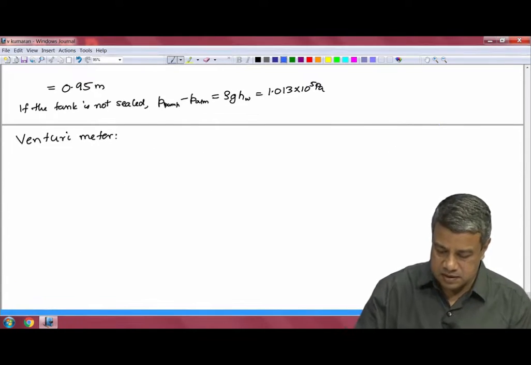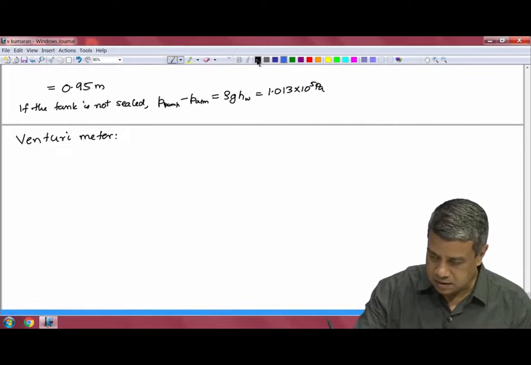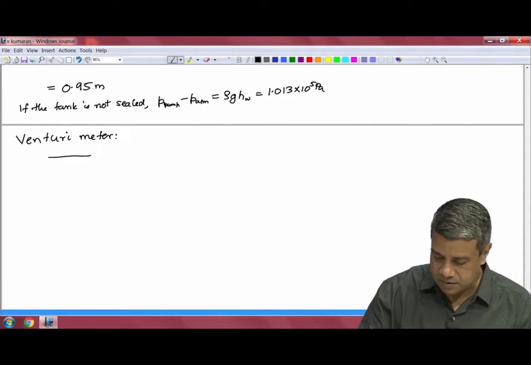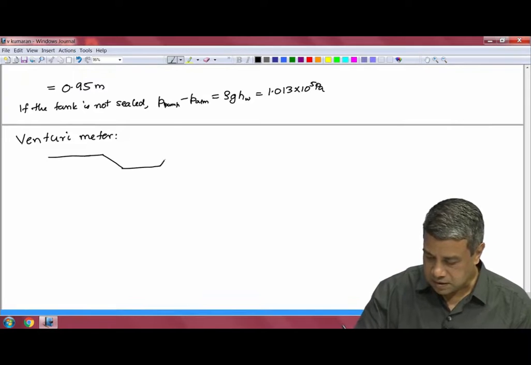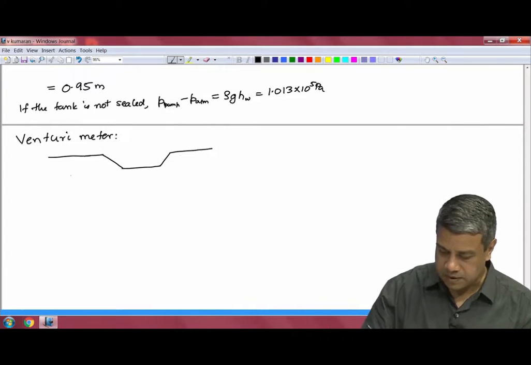We will discuss another example of a Venturi meter, which is a contraction in a pipe.